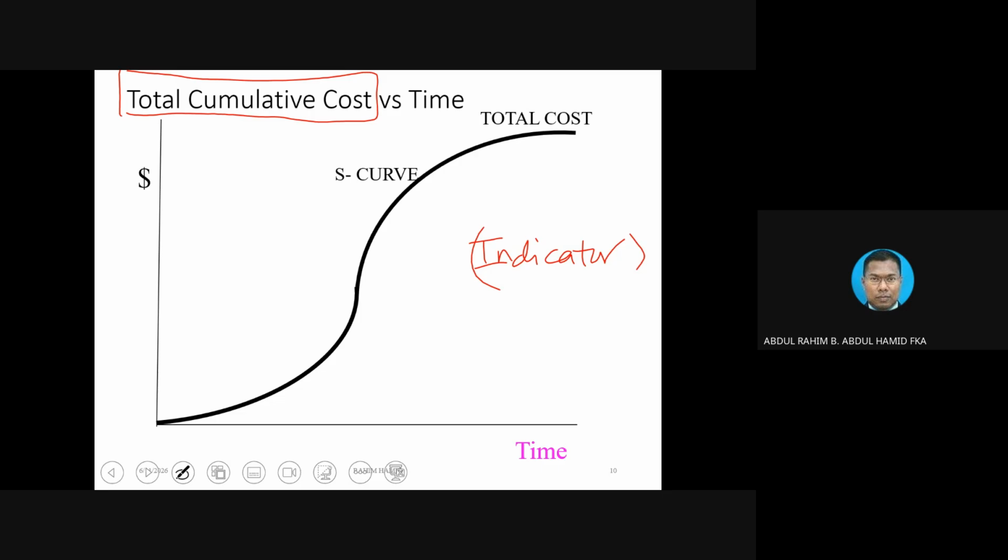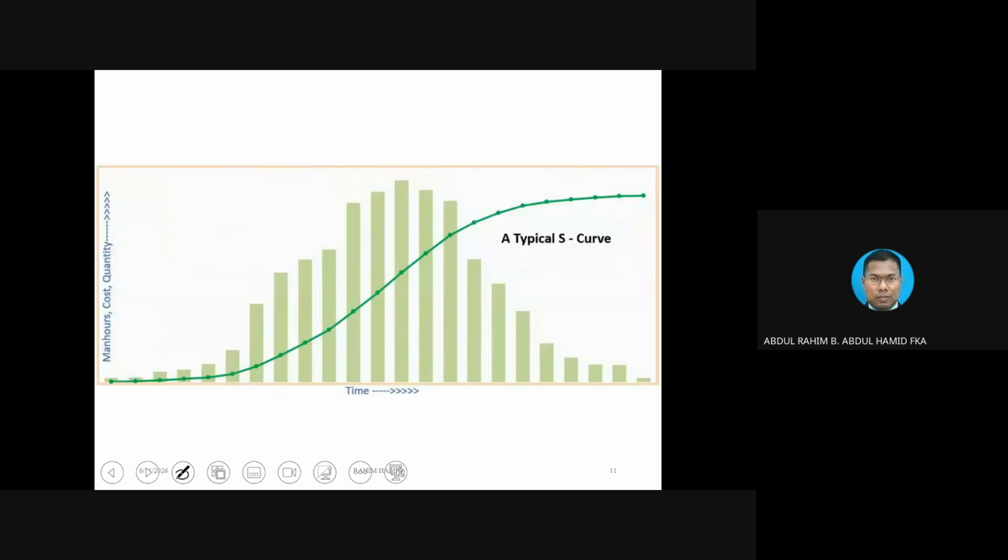Okay, so that is the theory of where this S curve is coming from: the accumulation of costs. It could be daily, weekly, or monthly, depending on the unit. And even though the word S is mentioned, the graph sometimes doesn't look like an S at all. Okay, you take a look at this example.